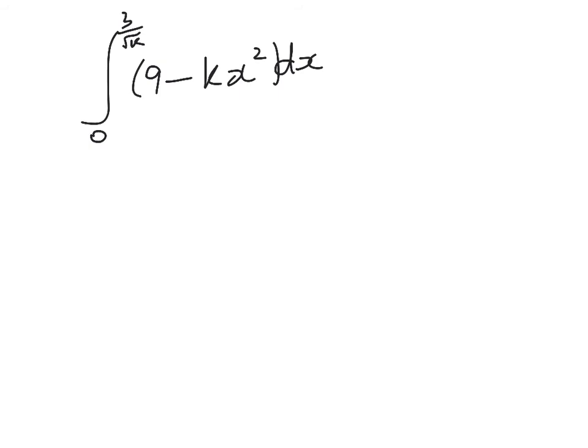Okay, so here what we're going to have is the top limit will be 3 over root k here, and 0 here. And the expression that we're integrating is 9 minus kx squared dx, and we know that that equals 12, because it's half of the area by symmetry.